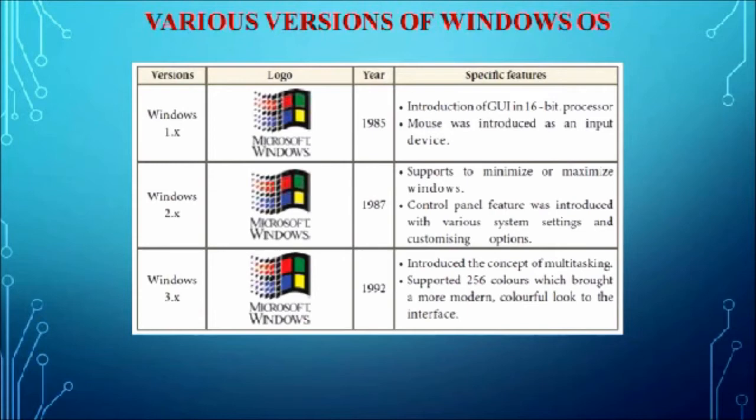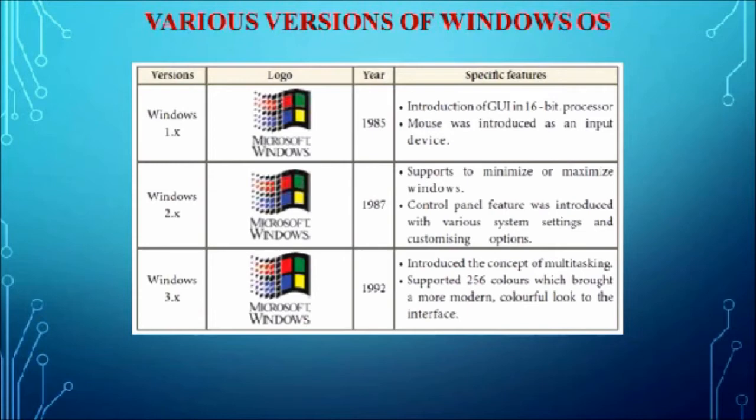Likewise, the 16-bit microprocessor was introduced in this version, and also they introduced an input device for this operating system. Mouse is an input device introduced for the first version of this Windows operating system.